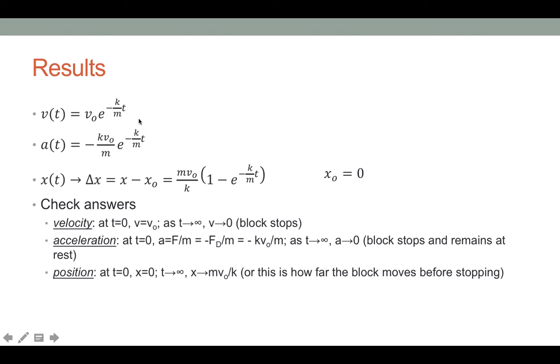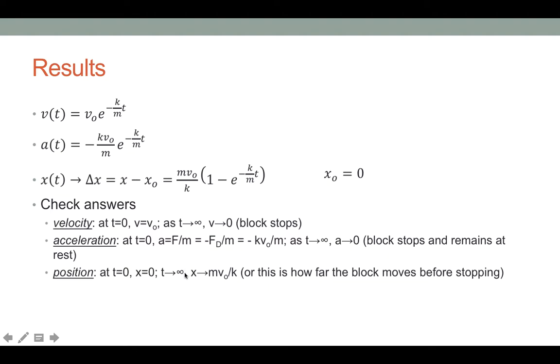As t goes to infinity, this exponential goes to 0, and the block stops, and basically, since it's not accelerating, it remains at rest, which should make sense. Eventually, air resistance will stop the block, and once the block is stopped, it will no longer continue moving. It will not accelerate anymore. The position is a little more interesting in that if I take t equal to 0, I get 1 minus 1, which is 0, assuming we start at the origin, and in fact, it does have us starting at the origin.